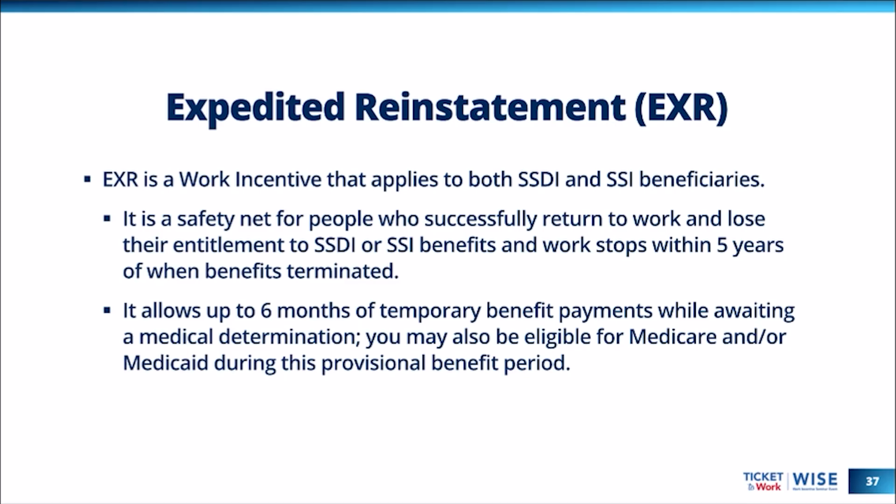So we've worked, we've been terminated, and now our income drops below SGA during the 5 year period after termination. We can say my income dropped below SGA because of my impairment that I qualified for earlier. And you'll get 6 months worth of payments. During that 6 month period, Social Security is determining whether or not you are eligible for reinstatement.